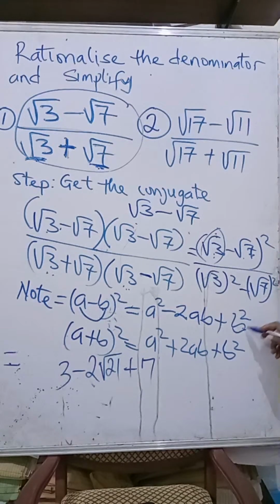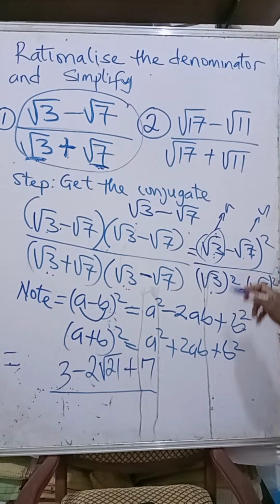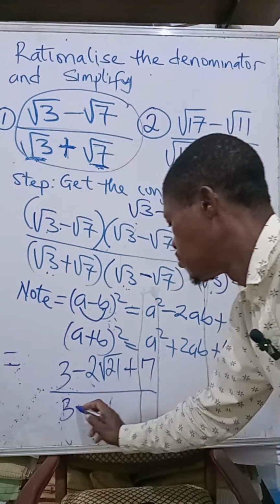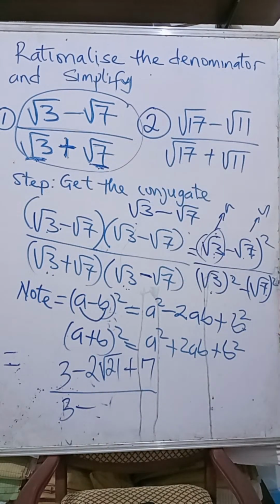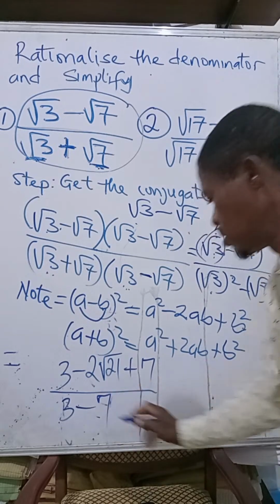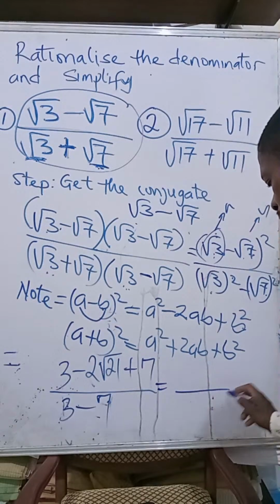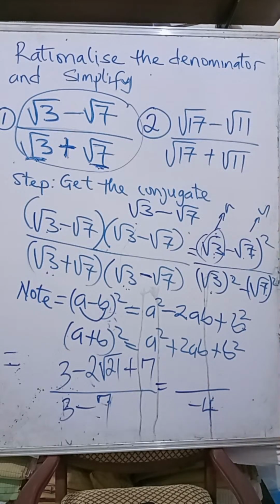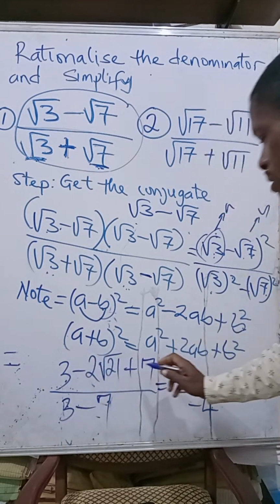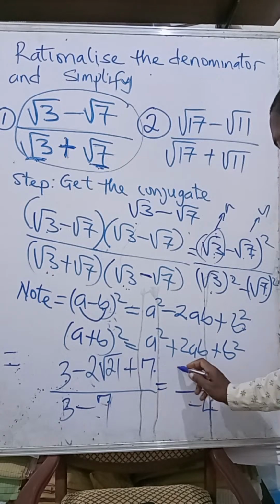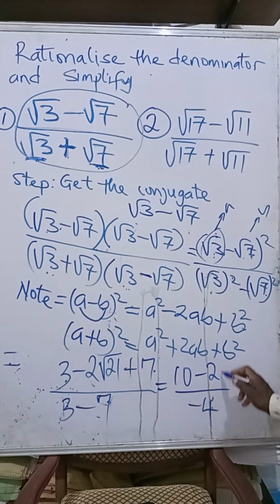So this is your a, this is your b. All over root 3 squared, that's 3, minus root 7 squared, that's 7. So that's giving us this one minus this one, that's minus 4. And then 3 plus 7, that's 10, minus 2 root 21.